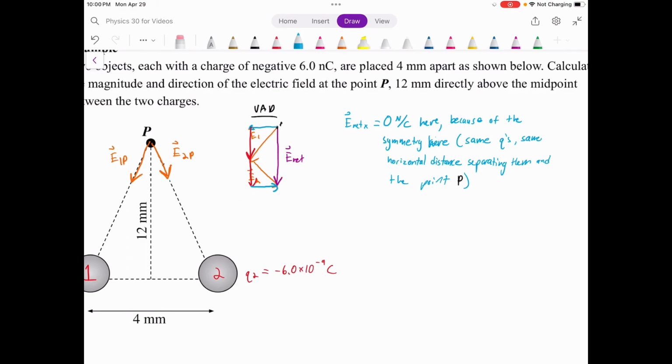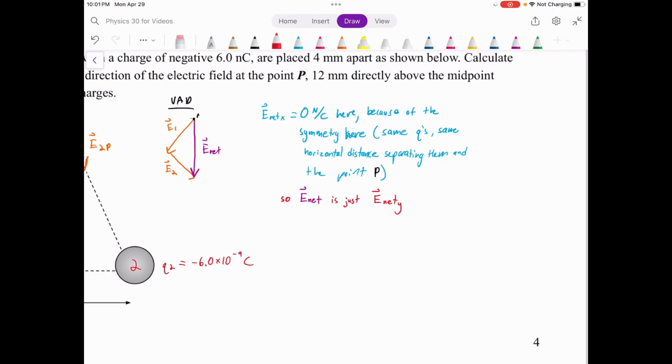So our net electric field is all y component. It's the electric field in the y-axis added up for each electric field. So what is E net y? Same as F net y, or displacement net y: add up the y components of all the individual vectors. So electric field 1y plus electric field 2y.